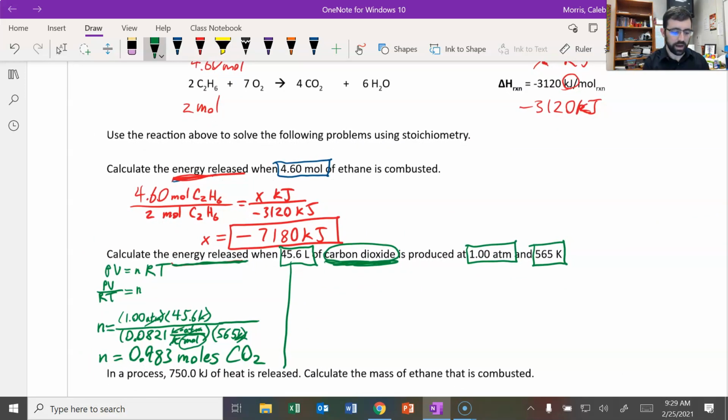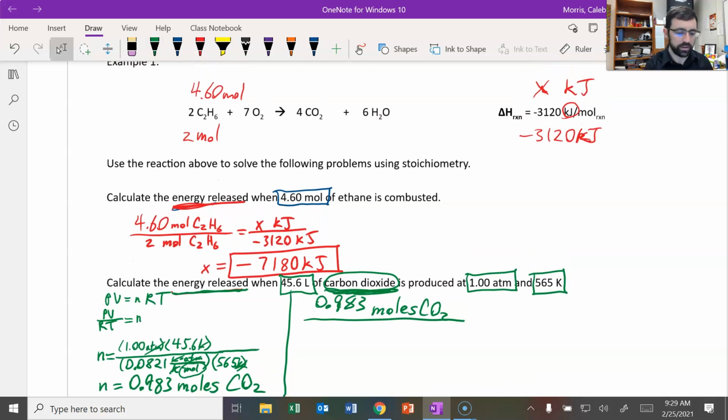So I'm going to put my 0.983 moles of CO2 on top, and then, of course, 4 moles will go on the bottom.